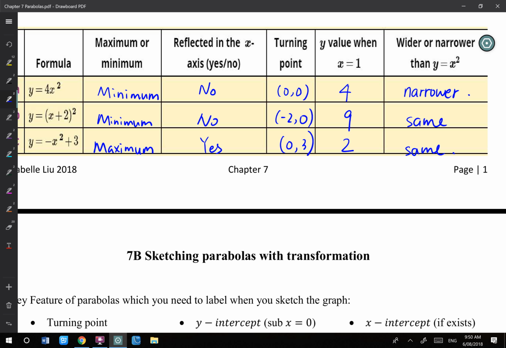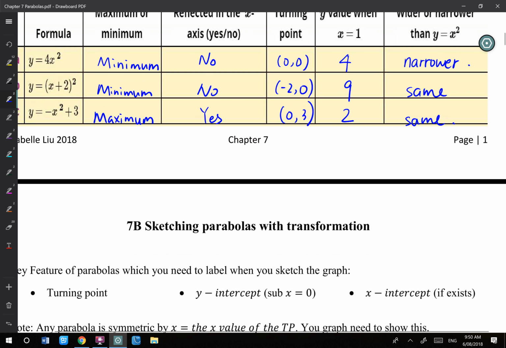Is that the same as what you have? Okay. Any questions?